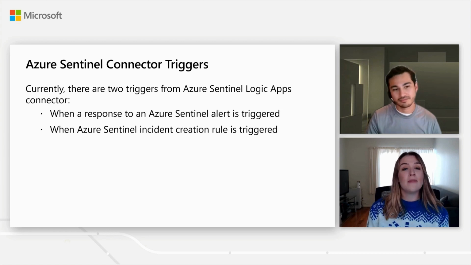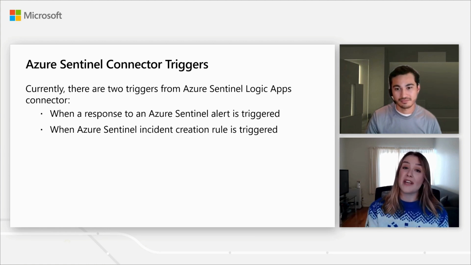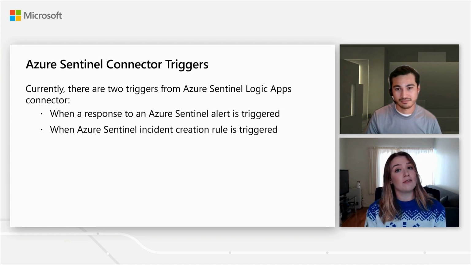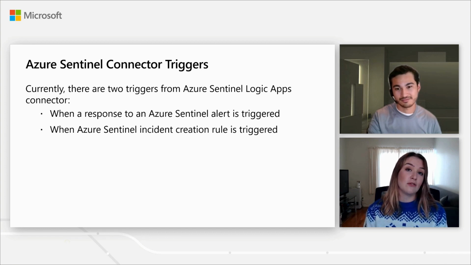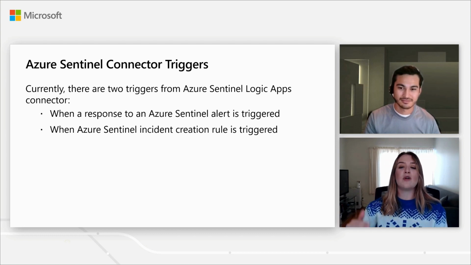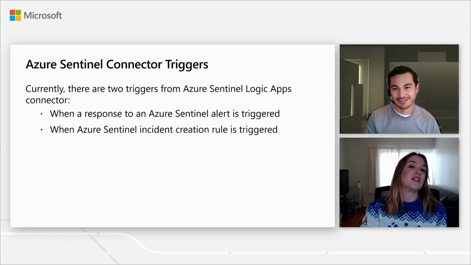If you see an alert just by itself, you might say, okay, if this happens, I want to run this type of automation. But then if you subsequently see a large number of those alerts, or a certain combination of alerts that might indicate something weird in your environment, then you would say, okay, now I want to raise an incident because my security analysts need to get hands-on with this, and we're going to run this kind of automation instead.